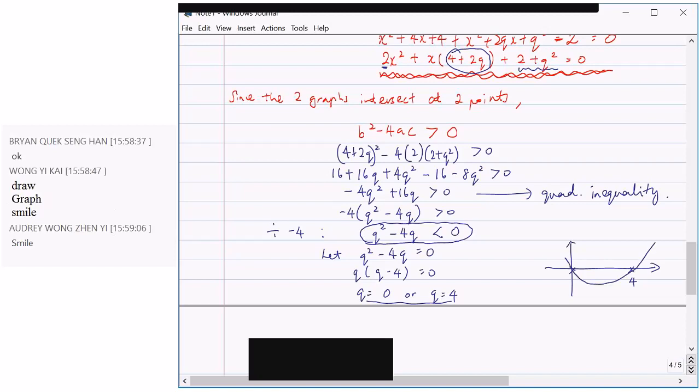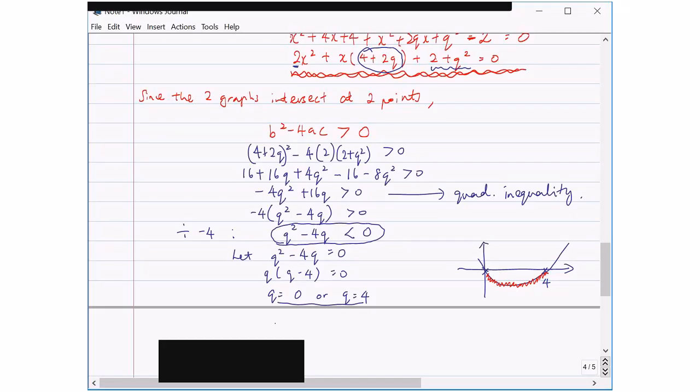Smiling, and 0 and 4 here. Finish drawing already? Go and look for what you're looking for. I want less than 0. I want the graph to be less than 0, so we're interested in the negative bit. The graph is to be negative.